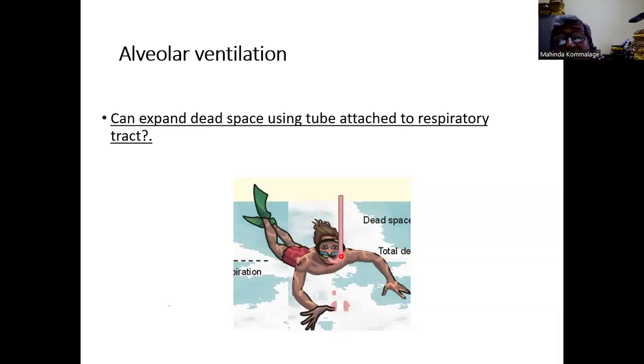If we attach this type of tube, what will happen to your dead space? This is called a snorkeling tube. What will happen to dead space?